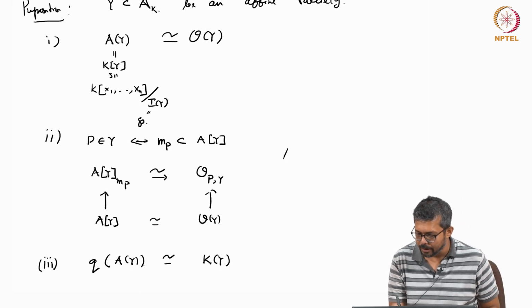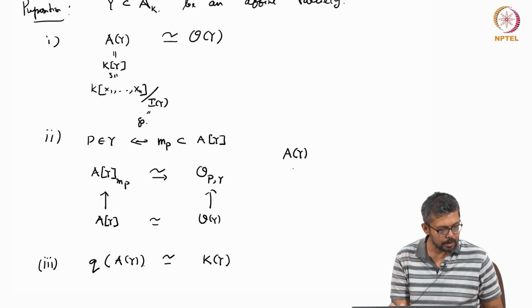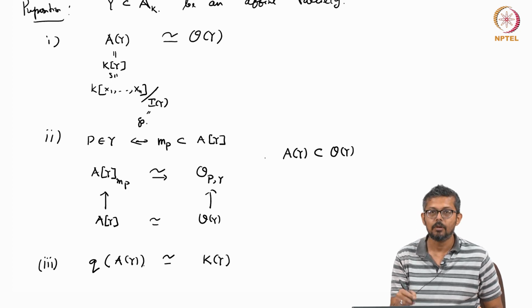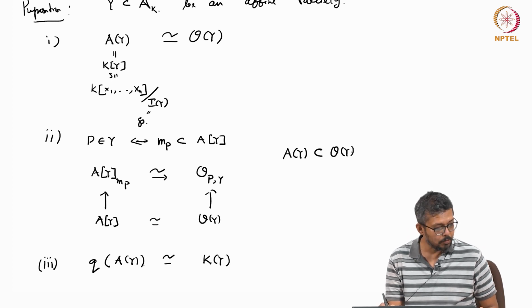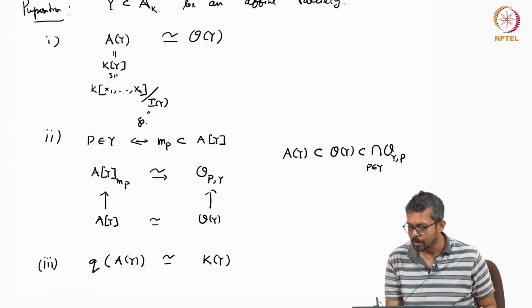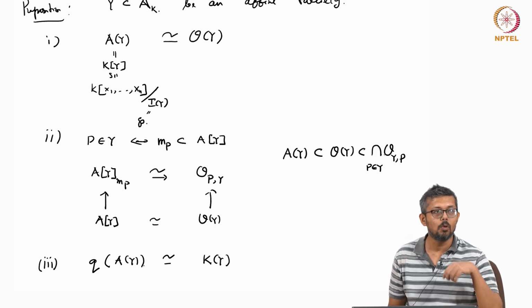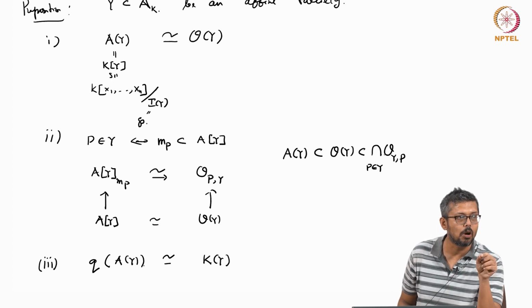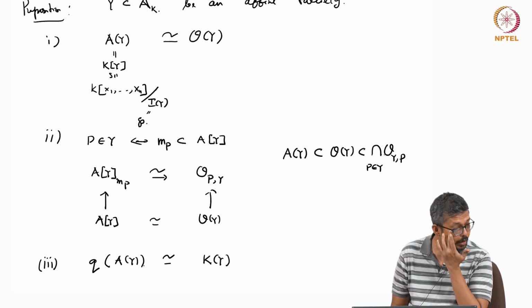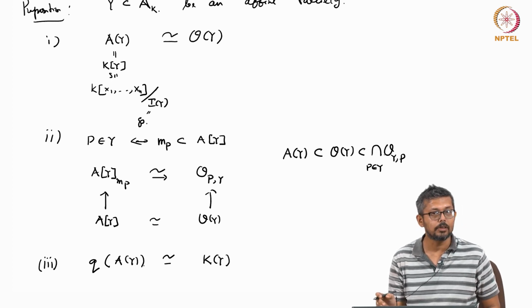It will be something like this: if you take A(Y), then A(Y) will of course be inside O(Y), because after all it's a function on Y. And then O(Y) will be inside O_{P,Y}, because P belongs to Y. Because every regular function, you can go to the stalk, and if it is non-zero, then it will be non-zero at some point.